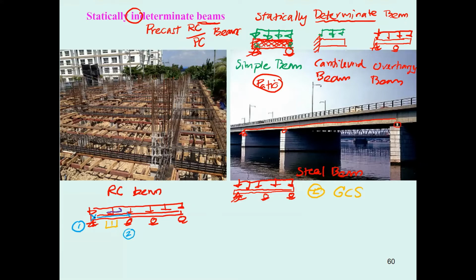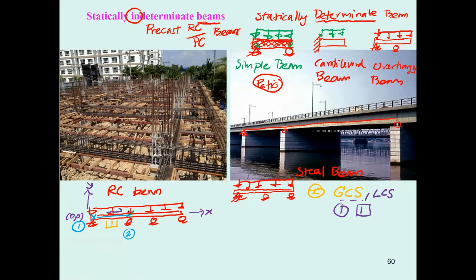And if you mark this one as 0, 0 on the computer screen, that means you are setting up the global coordinate system X and Y. Following this, you know the local coordinate system, you know the node number, you know the member number, and then you do it again.